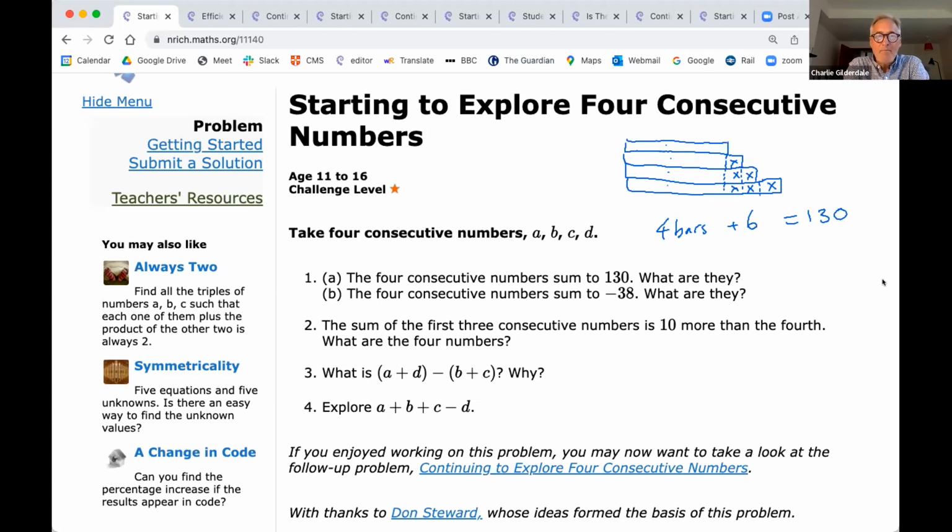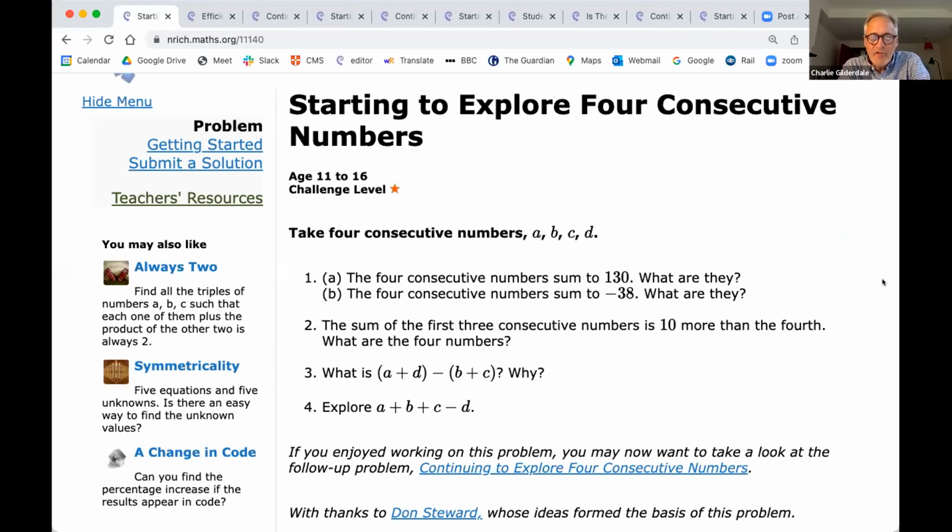Okay, let's skip a few questions and now let's go on to question 3. The third question asks us to consider the 4 consecutive numbers A, B, C, and D, where A is the smallest and D is the largest, and then asks us to add smallest to largest, and then subtract the sum of the 2 middle ones.